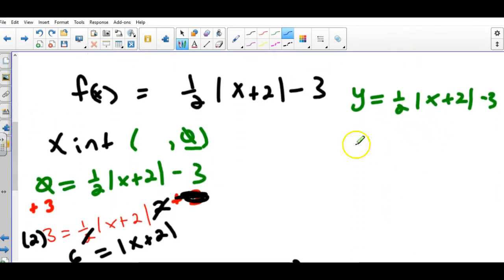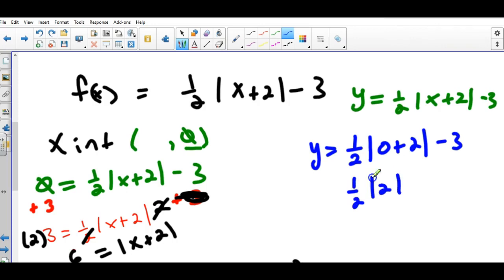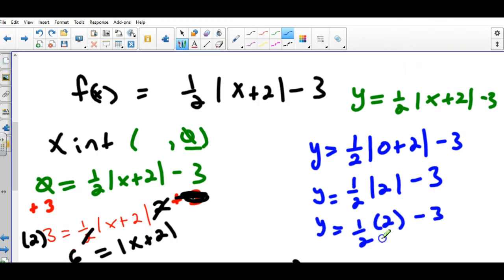So we're going to go back to our equation. And we're going to set our x equal to 0. So you have 1/2 of 0 plus 2 minus 3. And then we just solve this, okay? Right here, 0 plus 2 is 2. Well, the absolute value of 2 is 2. So you have 1/2 times 2, minus 3.